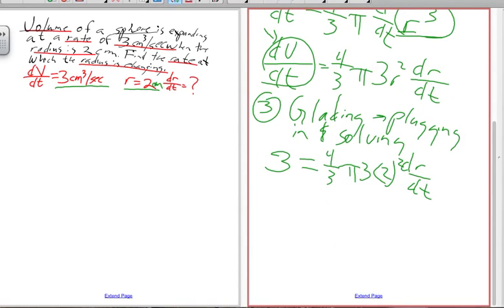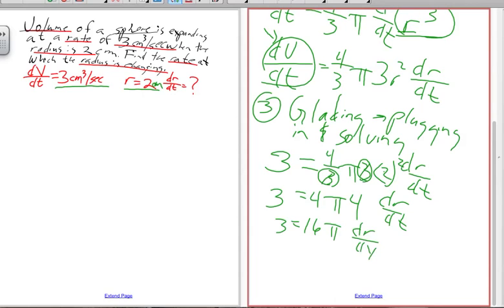So I'm going to simplify as much as possible. 4/3 times 3, these are going to cancel out. It's going to have 4 pi, and then 2 squared is another 4, times dr/dt. So 3 is going to equal 16 pi dr/dt.